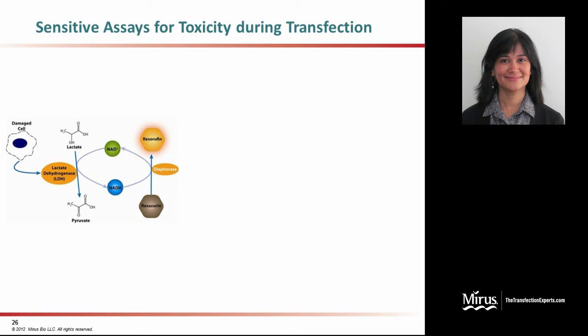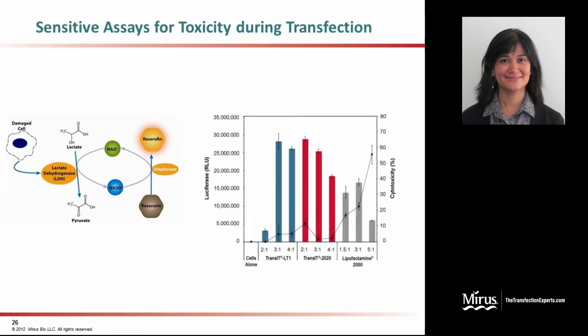What this assay does is assess the membrane leakiness by assaying the amount of LDH released into the medium from the cells. So indirectly, it assesses the level of membrane damage because you have an otherwise cytosolically located enzyme that is now getting released into the supernatant because the cells are leaky.